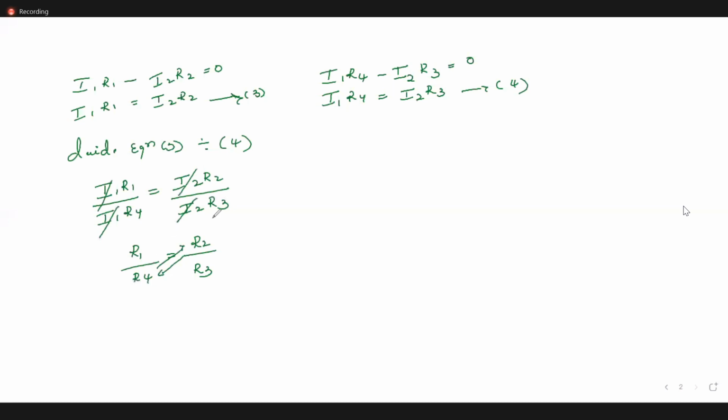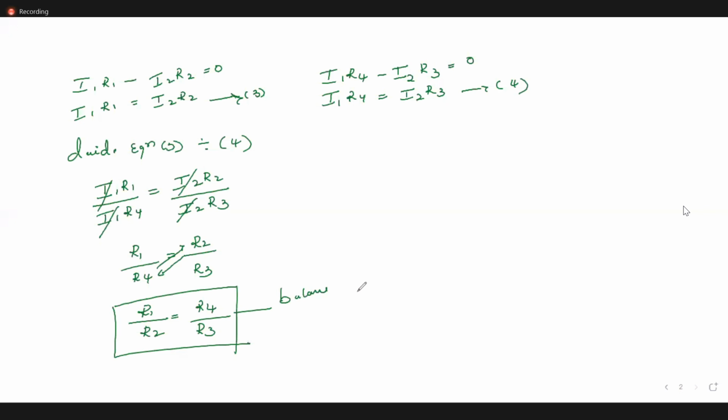Okay, so then let me write R1 by R2 is equal to R4 by R3. Is it correct? Yes. So this is your balancing condition for the Wheatstone network.